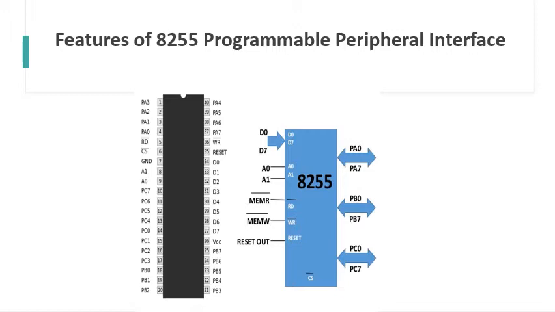It has three 8-bit I/O ports, namely port A, port B, and port C, where port A and port B can function as an 8-bit input or output port. Bits of port C are divided into two subgroups of 4 bits each, port C upper and port C lower.